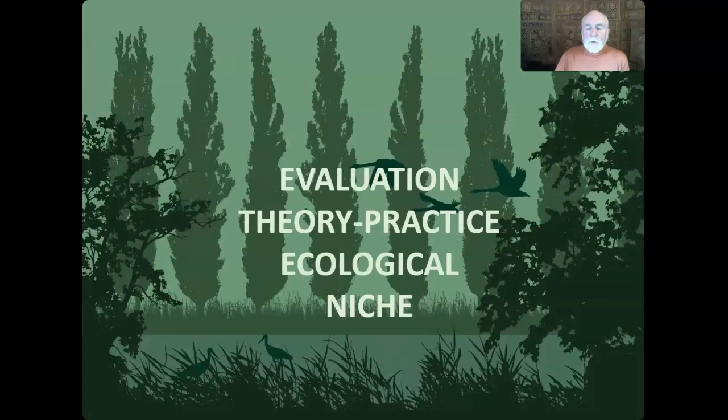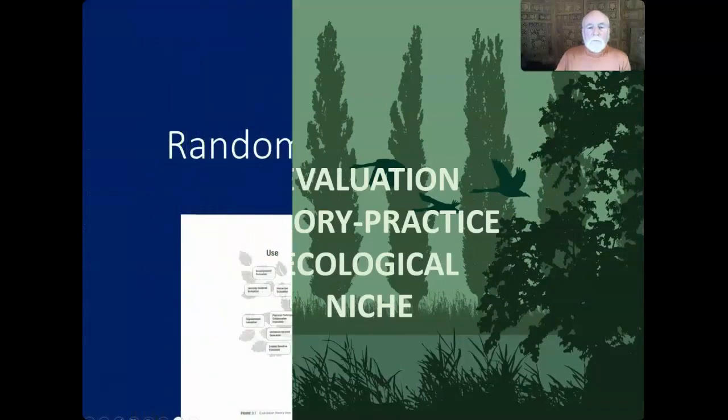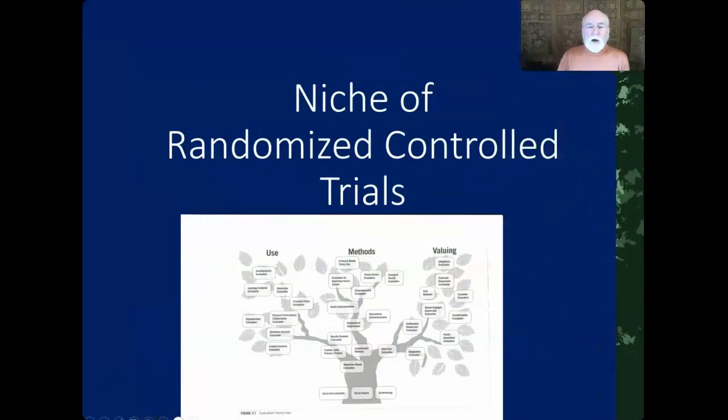Beginning with the example of the niche of randomized controlled trials. Randomized controlled trials work best where there's a clearly identified, standardized, carefully implemented program or intervention. Can the observed results of the program be attributed to the program?